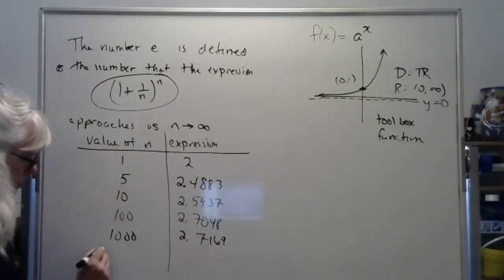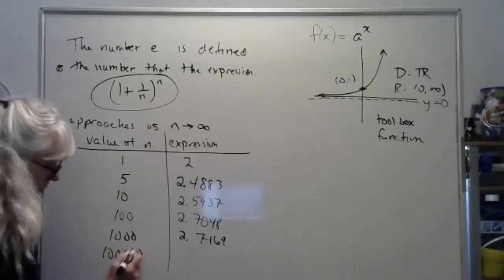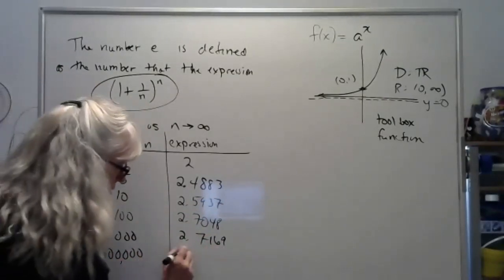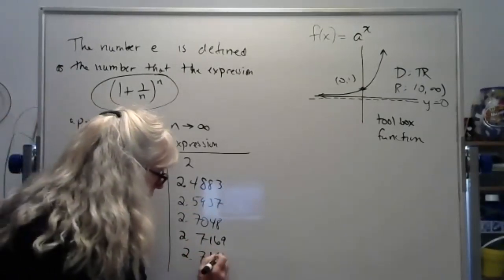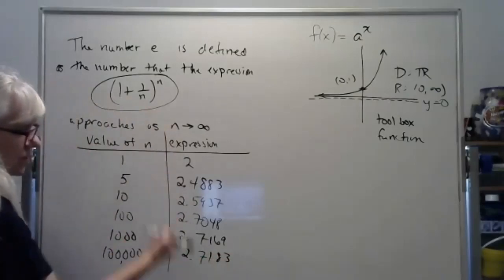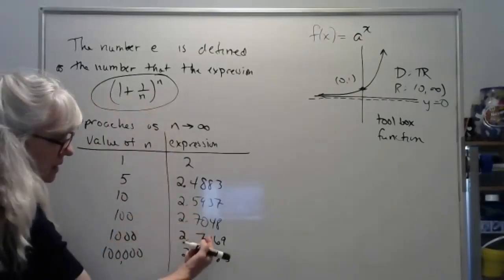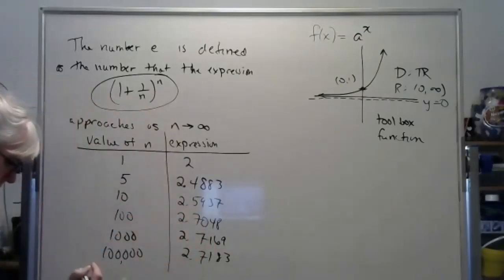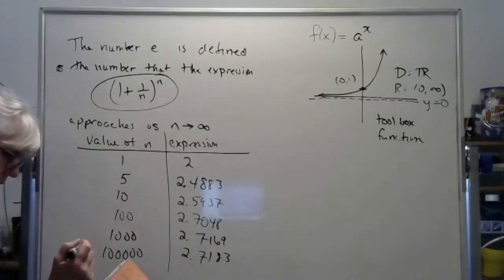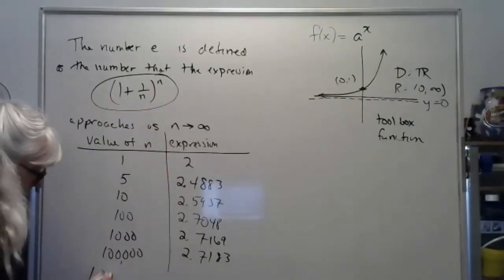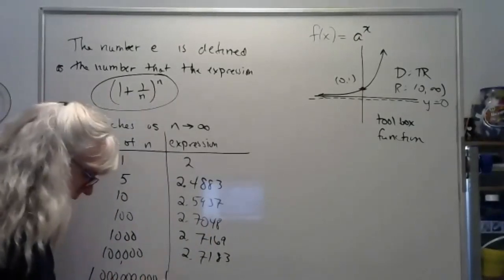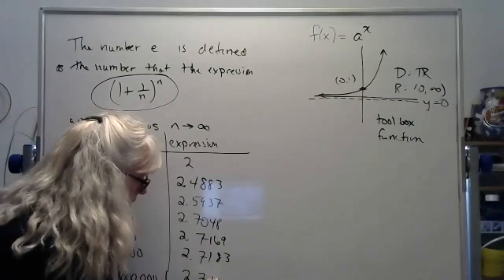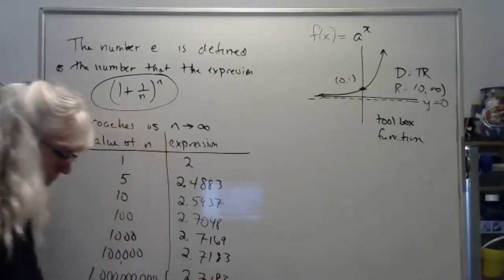If I plug in 100,000, what starts to happen here is you see certain values. 100,000 was 2.7183. So you'll notice that the 2 was fixed. Now the 7 is fixed, and now you can see that the 1 is fixed. And then if you plug in 1 billion, that's 9 zeros, you'll see that the value is 2.7183, and then it goes on from there.